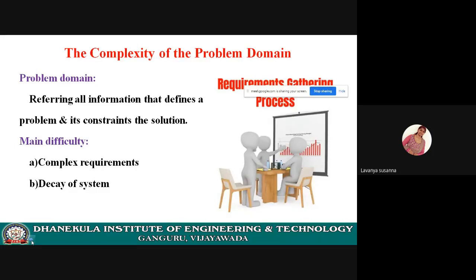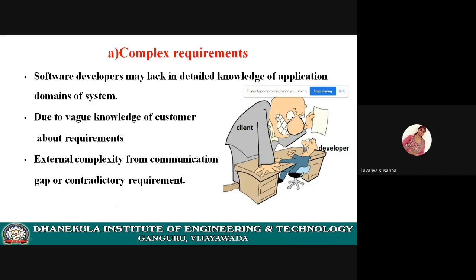Problem domain. First element is problem domain. Here the complexity arises due to these points. Let us see the first point. Developers may lack detailed knowledge of the application. Although the developers have programming skills, they may lack knowledge of the application domain.